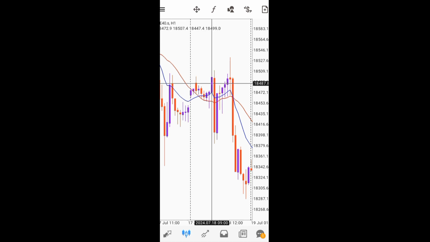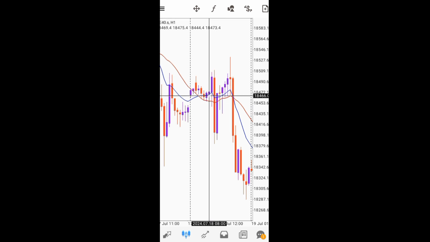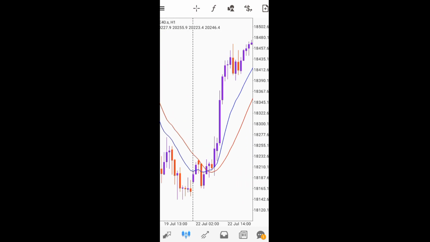We have this buying candlestick and this selling candlestick. Whenever the selling candlestick is bigger than the buying candlestick, this is a bearish engulfing, and vice versa. Whenever a buying candlestick like this one is bigger than a selling candlestick, this is a bullish engulfing.